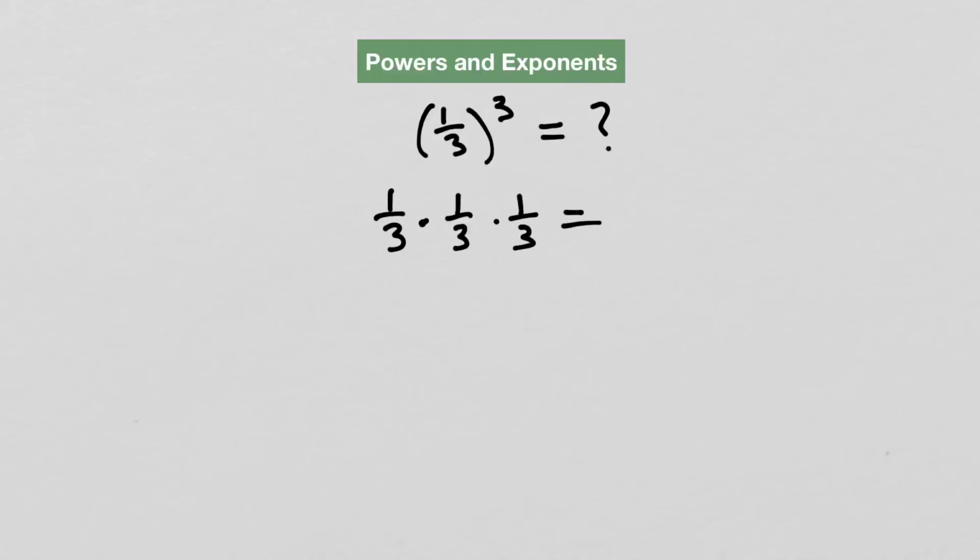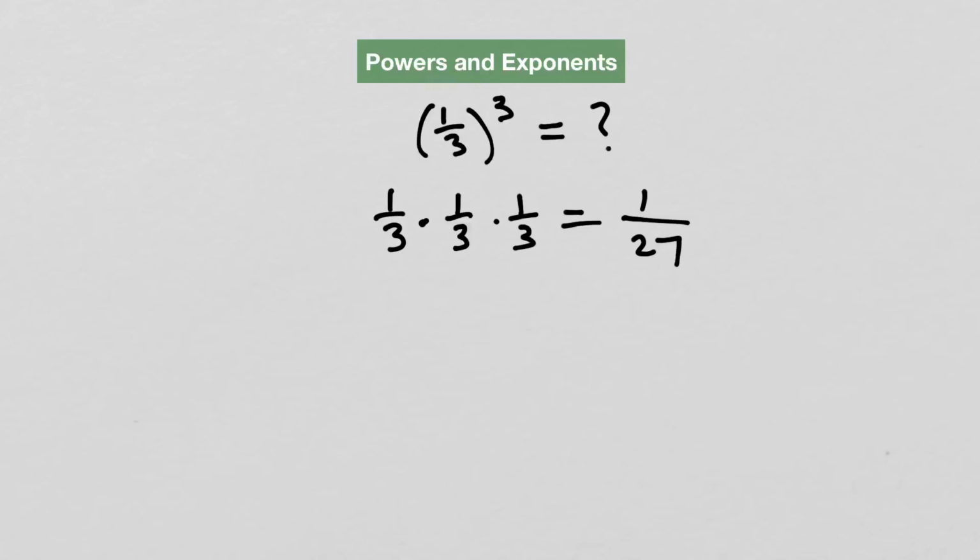When you're multiplying fractions, you multiply across the numerator, and then you multiply across the denominator. So 1 times 1 times 1 is 1, and then multiplying across the denominator, 3 times 3 is 9, times 3 is 27.